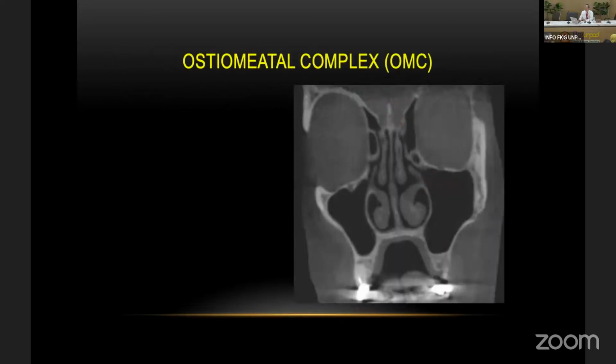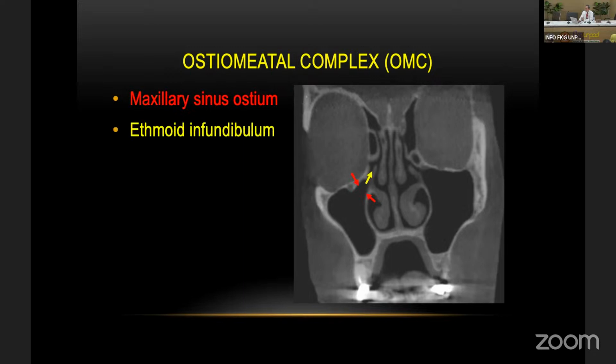Now, the osteomeatal complex is a very important anatomy. People doing implants, looking at the sinuses, always make sure that the osteomeatal complex is patent. You can look at it from here. This is the ostium, the opening of the maxillary sinus. Then you go in further.